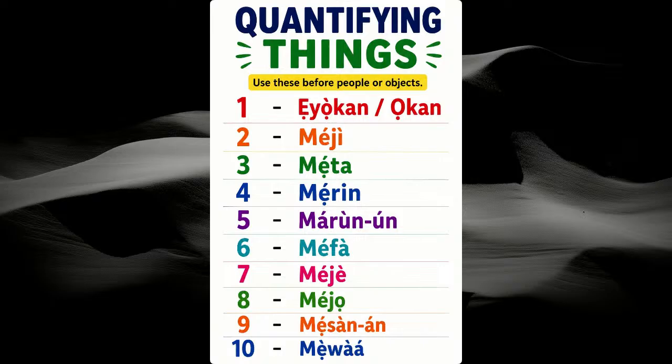If I want to say I have 1 pen, I will say mo ní pẹ́ẹ̀nì ẹyọ kan, or mo ní pẹ́ẹ̀nì kan, pẹ́ẹ̀nì ọ̀kan, or pẹ́ẹ̀nì kan. So we use this. Ẹyọ kan is 1.